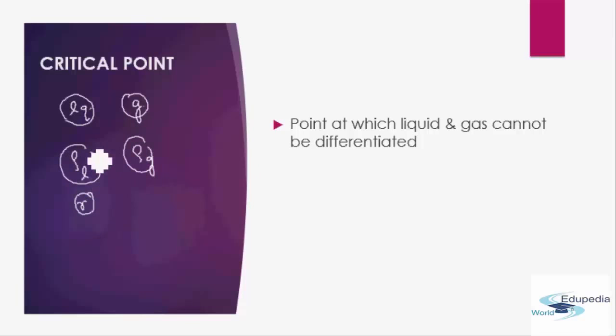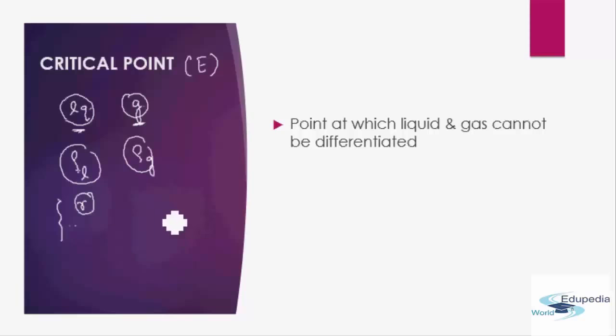But at point E of our graph, which was called the critical point, this distinction doesn't exist. The value of physical properties, whether it is density, refractive index, or any other physical property you can think of, is the same for both liquid phase and gaseous phase, and hence there is no way to say whether at point E I have gas or liquid.